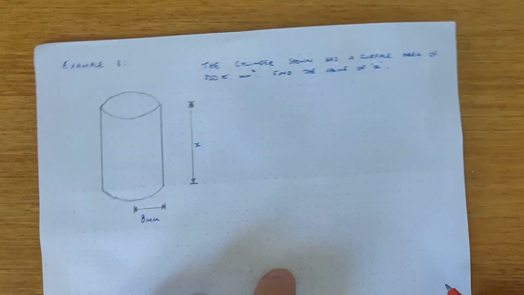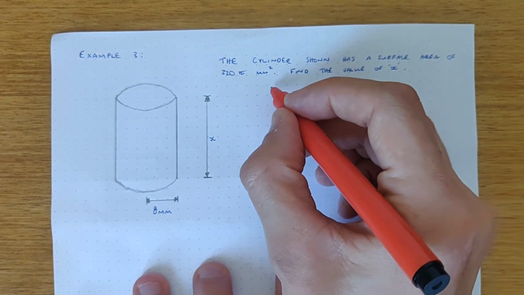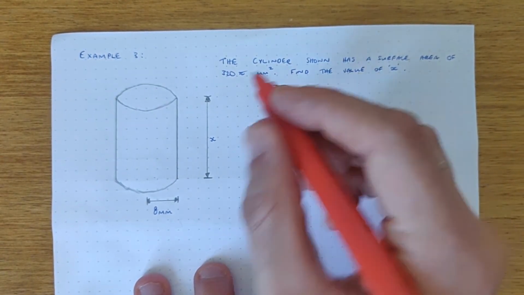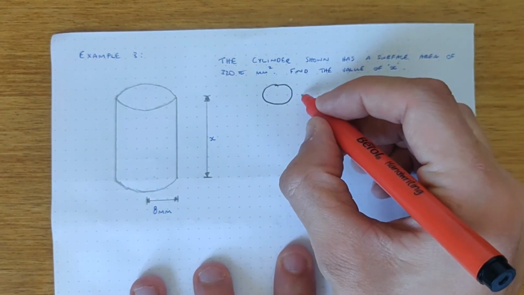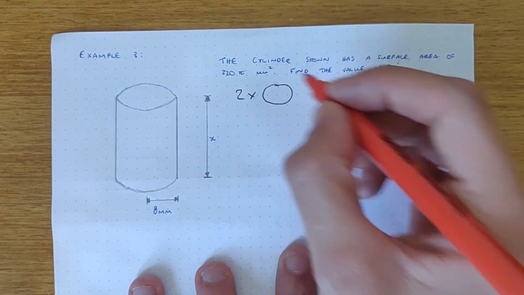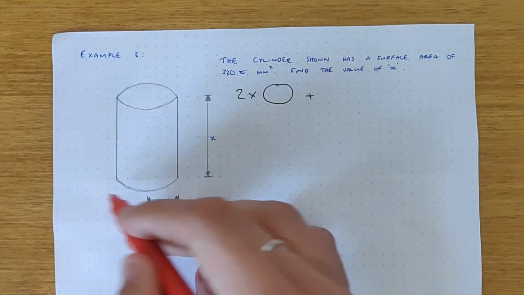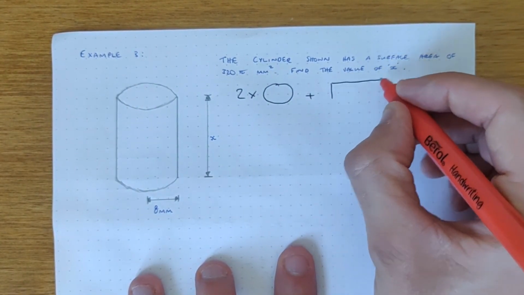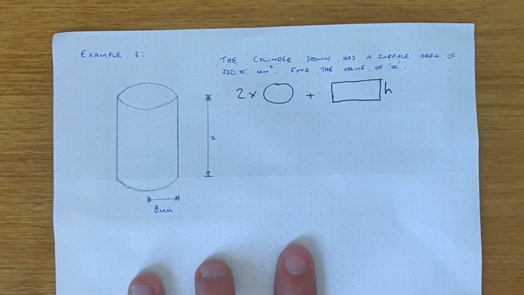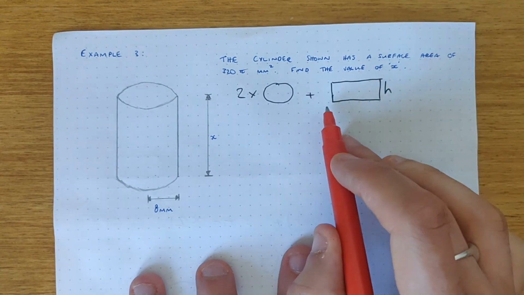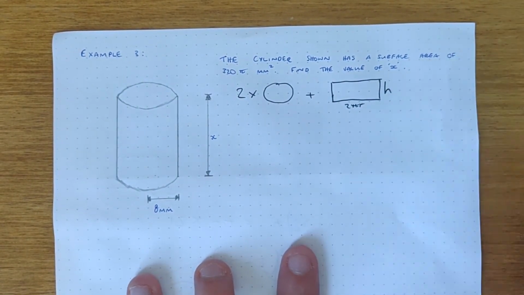I know that when I'm working out the surface area of a cylinder, I have a circle on the top and a circle on the bottom. So there's two of those. So 2 times the area of a circle. I then need to add to that this rectangle, where I have a height of h, and this is the circumference, which I know is 2 pi r.